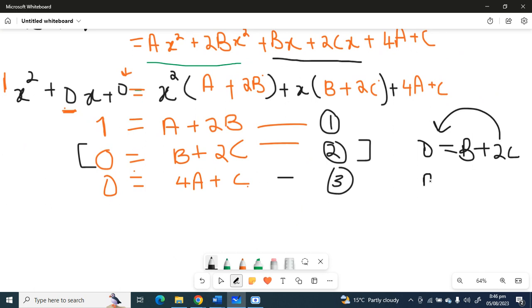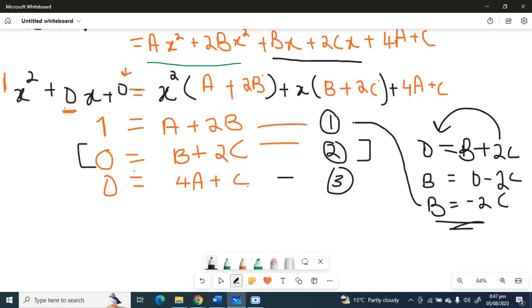So it will be b equals 0 minus 2c. Therefore, b equals negative 2c. So we've adjusted one equation, and we're going to put this new adjusted equation into equation 1 so that we can solve equation 1 and equation 3 as simultaneous equations. So before I go further, any questions?